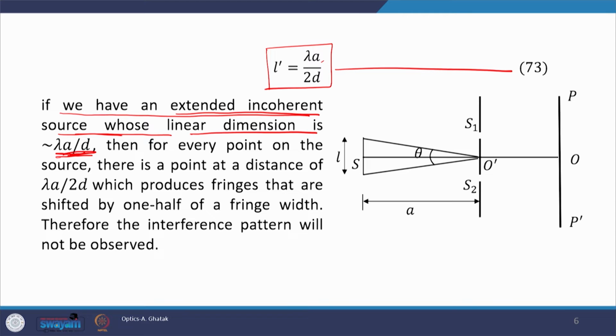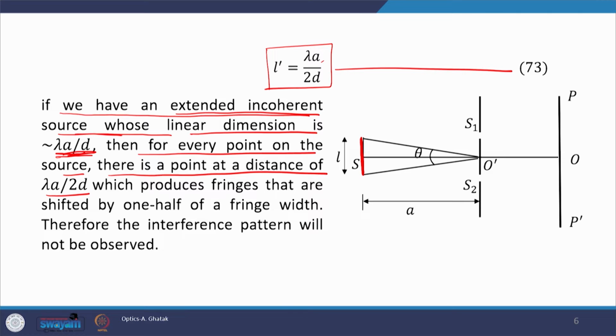Now, we consider an extended source which is extending from here to there. This is the length element now. From every point on the source, there is a point at a distance of lambda A by 2d. We are following the same thing which we did in the last class.